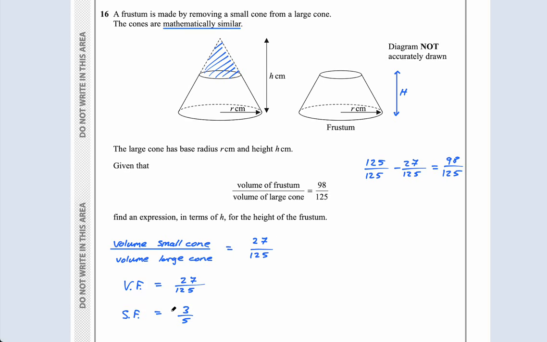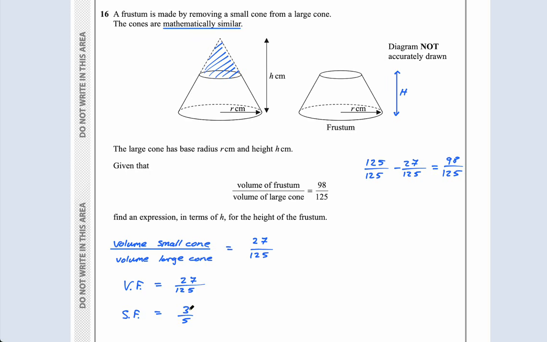So the scale factor of the small cone to the large cone is 3/5, or I should say from the large cone to the small cone, but the ratio of the small cone to the large cone is 3/5. You get my point.